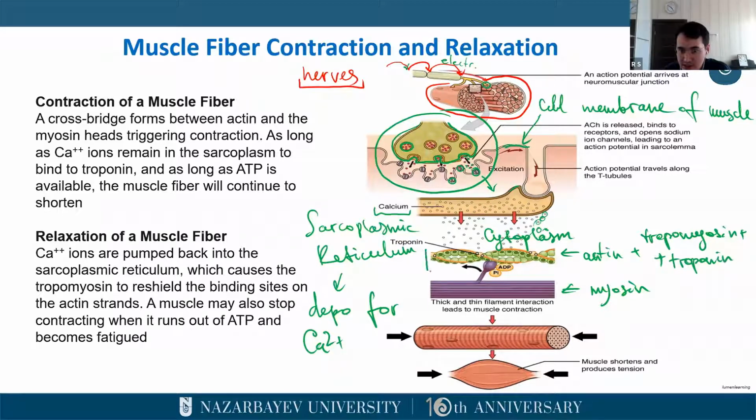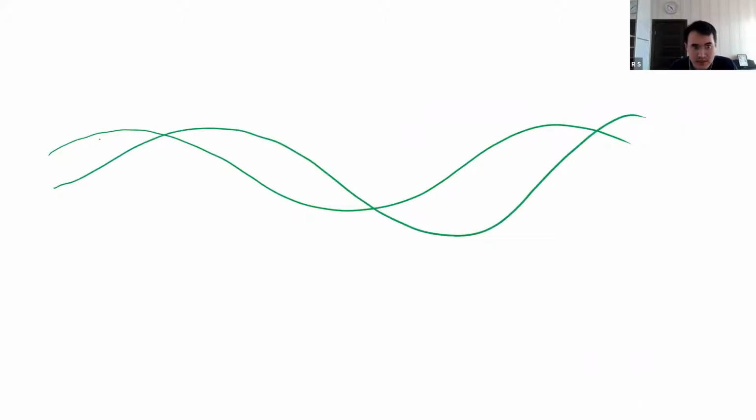So this particular complex will look like the usual fiber of actin. And on this fiber, we will have special sites of binding of the myosin. So again, the actin filament and the binding sites for myosin. So this is binding site.